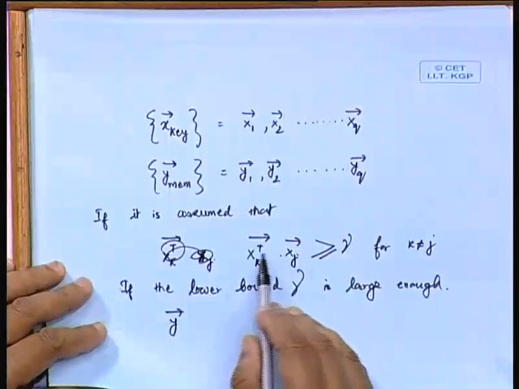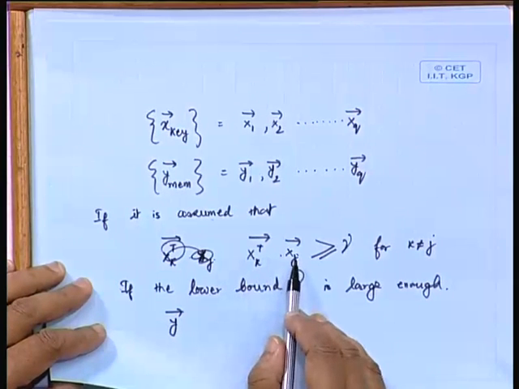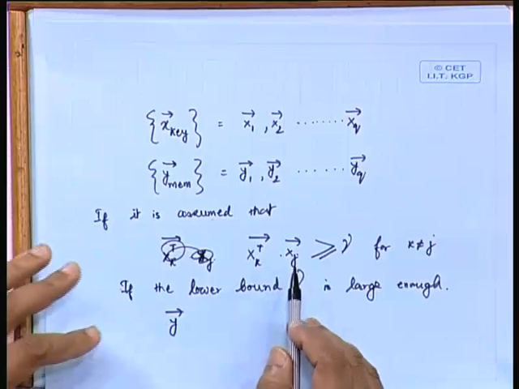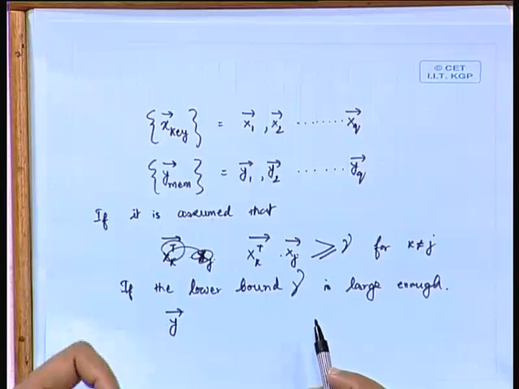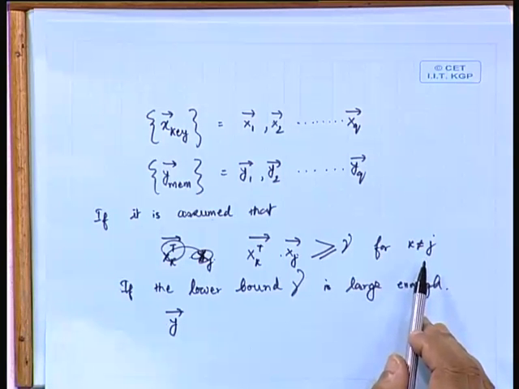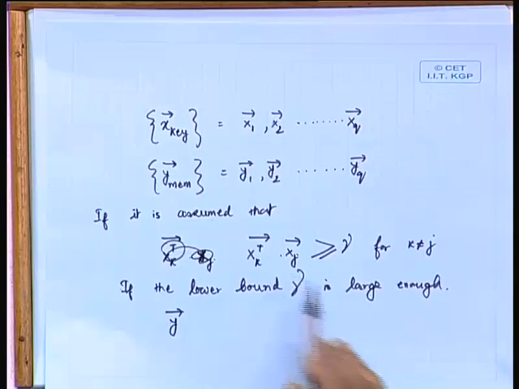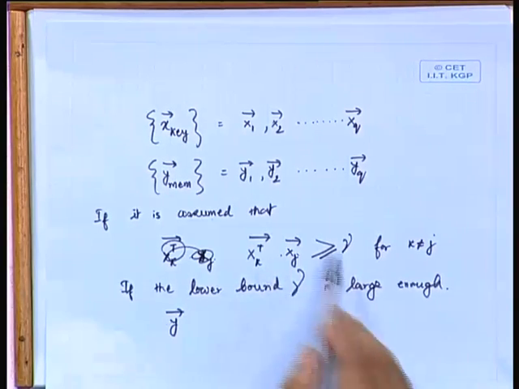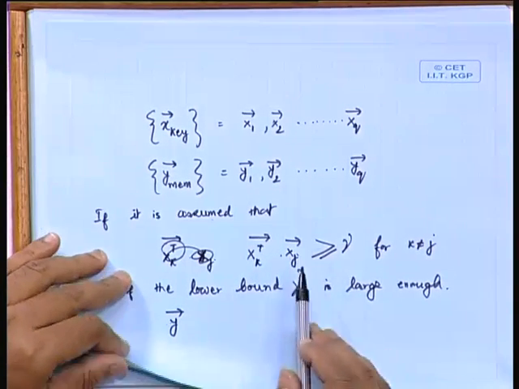Now, when I put forward this condition xk transpose xj, that means take any key and take any j. The condition that you have is with k not equal to j. So, this should be valid for all combinations of k and j. We only talked about a lower bound of this in the earlier case.